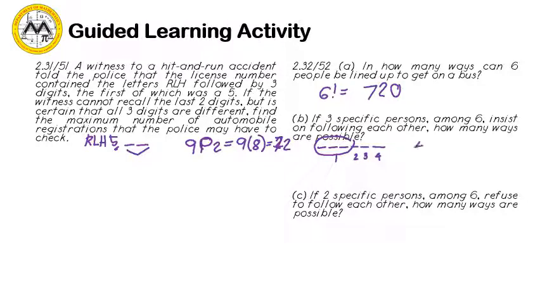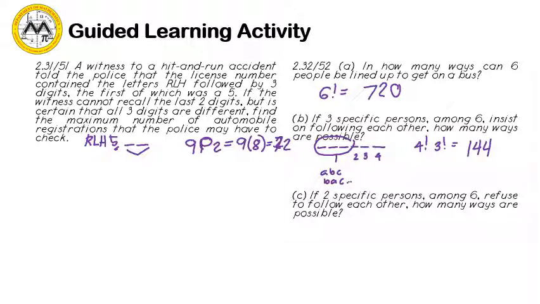So that would be 4 factorial. But these 3 can be arranged in ABC, BAC, and so on. So that would be 3 factorial ways. So that would be 4 factorial times 3 factorial. So that would be equal to, yes, 144.